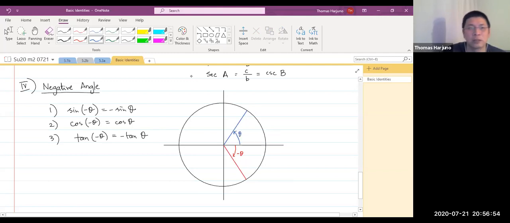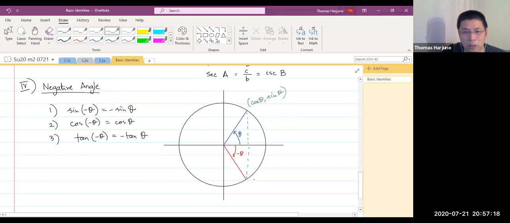Which means the xy components must have the same value, except for the plus minus sign. In fact, you see from this picture that the x component must be the same. So this is cosine theta, sine theta.